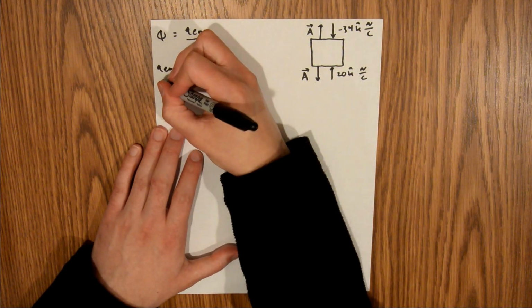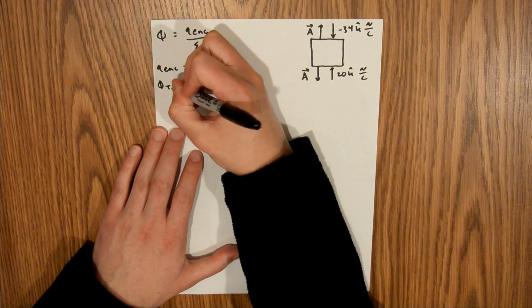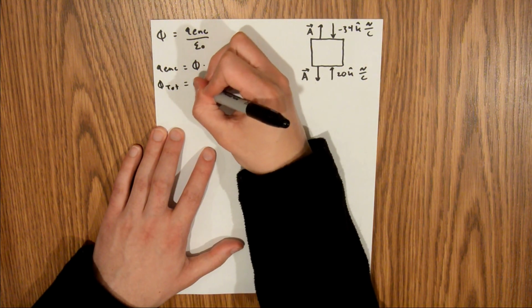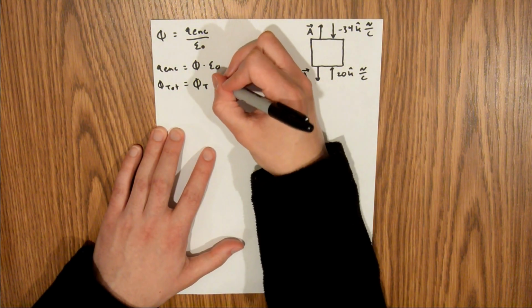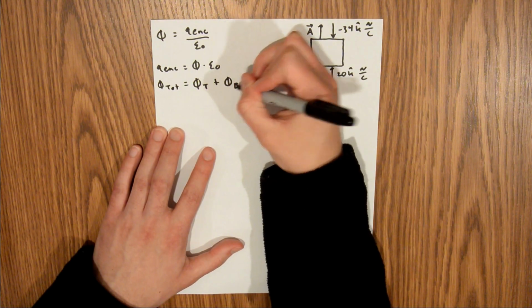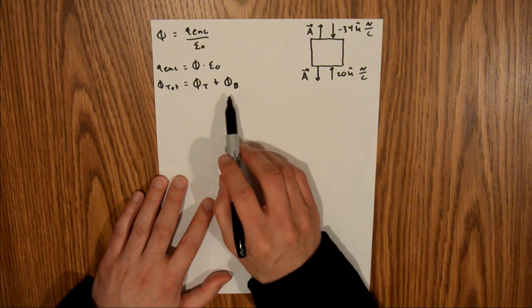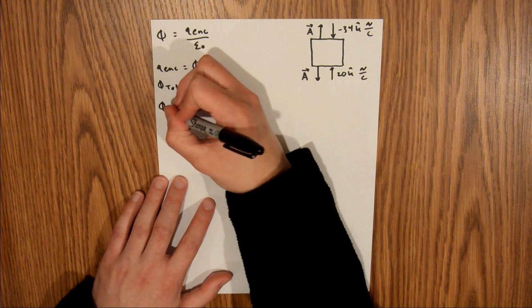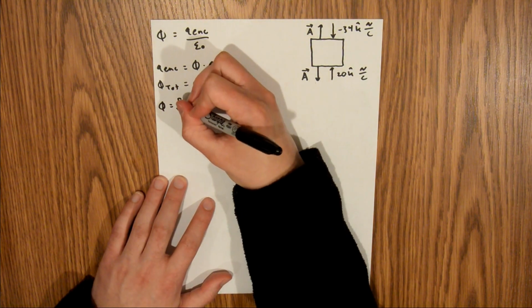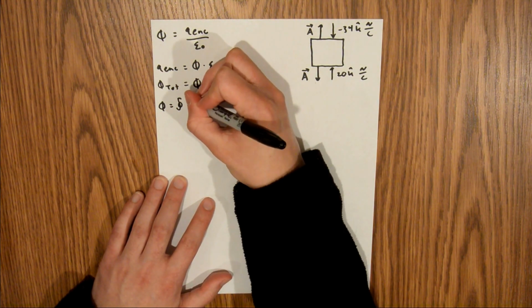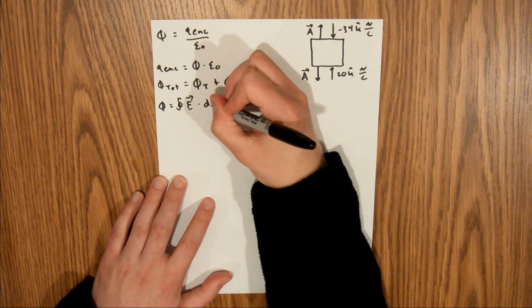So the total flux is equal to the flux in the top plus the flux into the bottom. For each of these individual fluxes, we know that it is equal to the integral of the electric field dotted with the differential area.